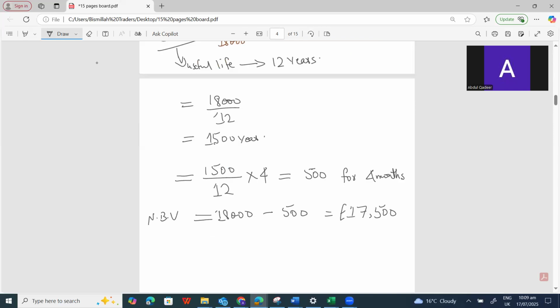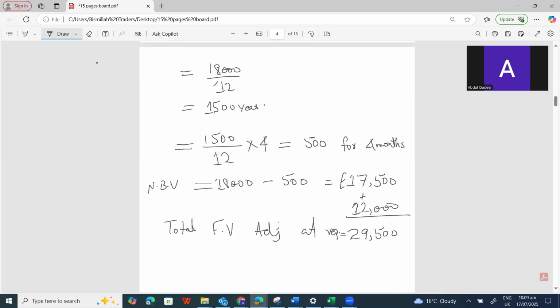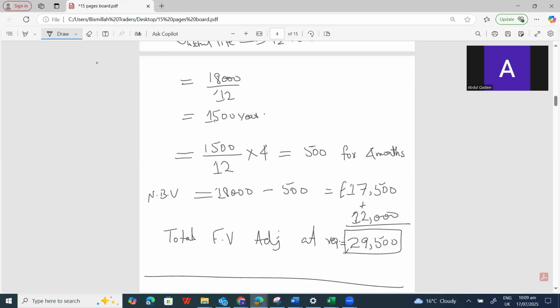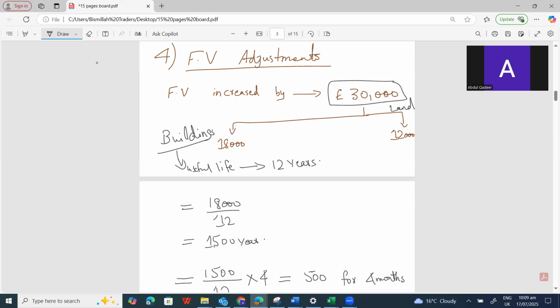Then the total fair value adjustment at the reporting date will be 17,500 plus 12,000, equal to 29,500. This is important: when we make the consolidation, we have to add this fair value to our property, plant and equipment. At acquisition, when we purchase, this is 30,000.